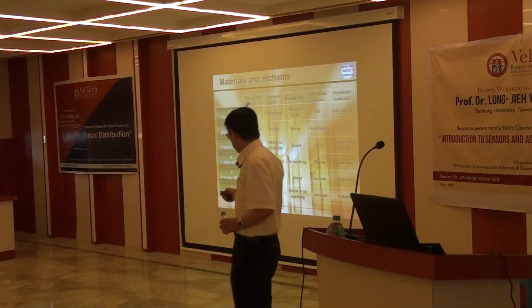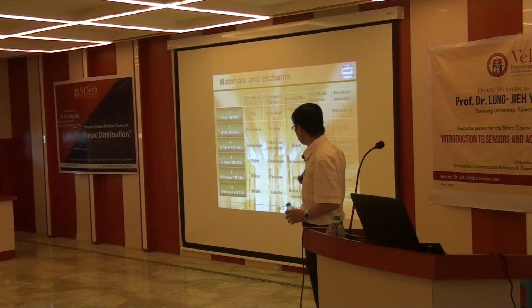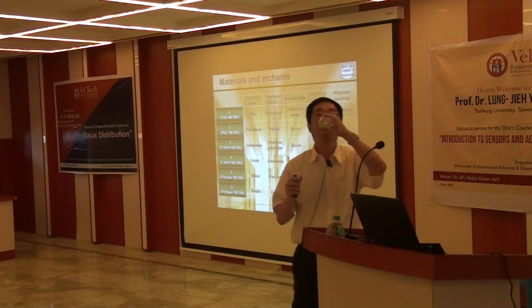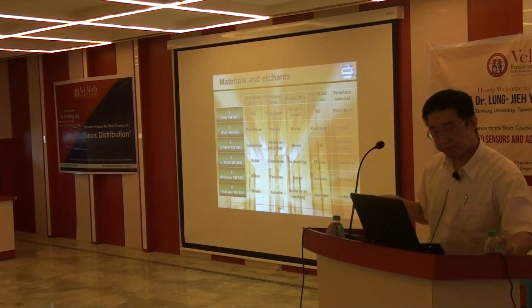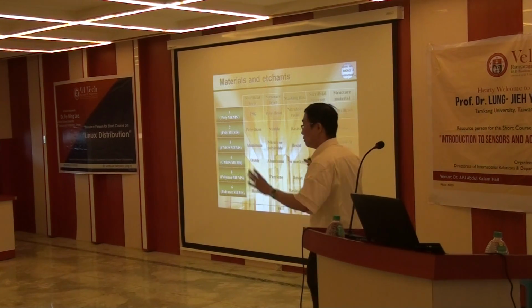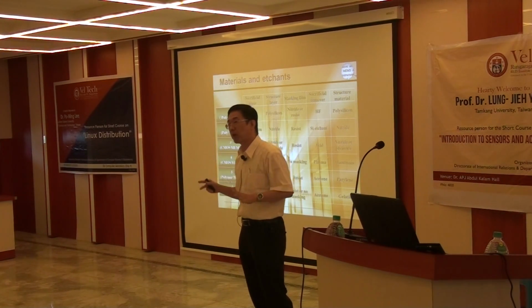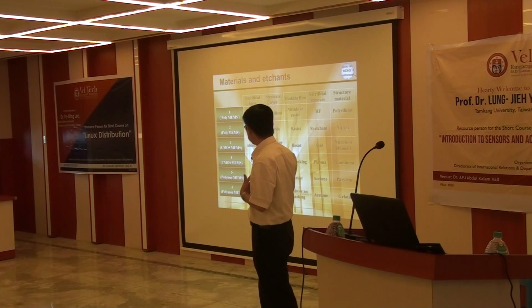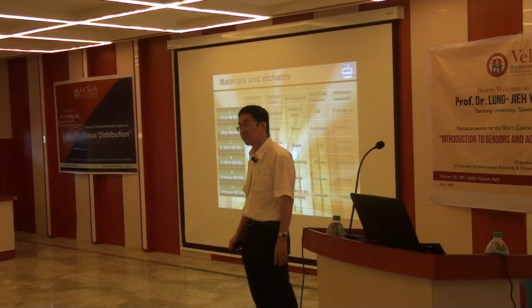So in my research, we start to use different things in our structure layer. We try to broaden our mindset, not only confined to conventional materials. So in my laboratory, we use parylene as the structure and photoresist as the sacrificial layer.